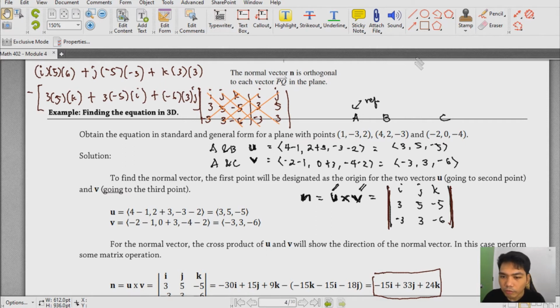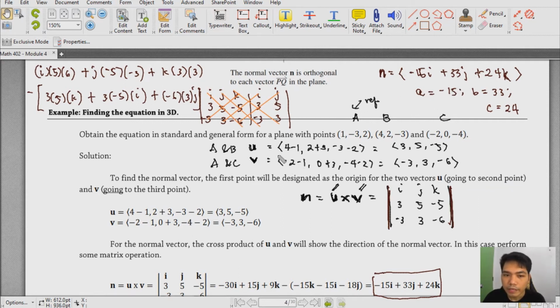These are the coefficients of our i, j, k. The i, j, k is like our direction in the xyz plane. So from this, our values are a equal to negative 15, b equal to positive 33, and c equal to 24. These are your a, b, c.